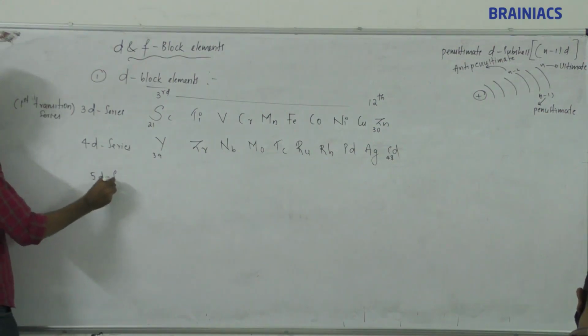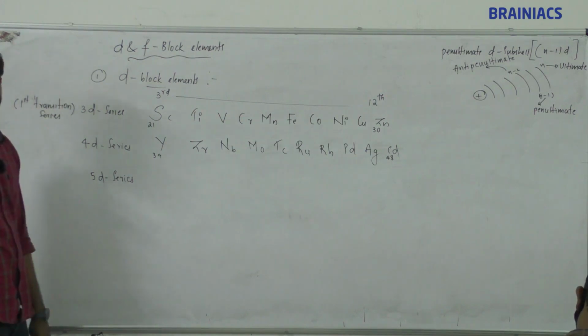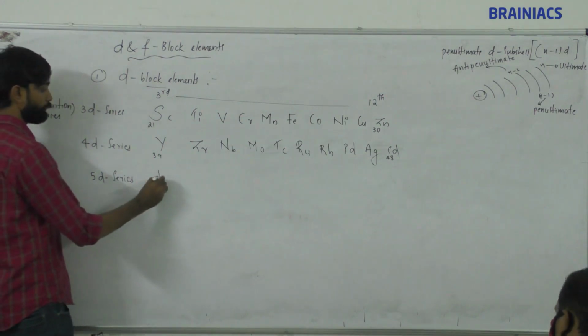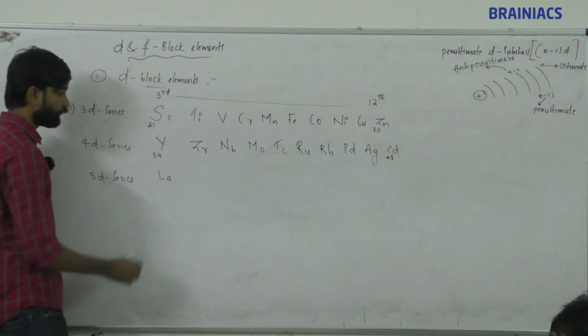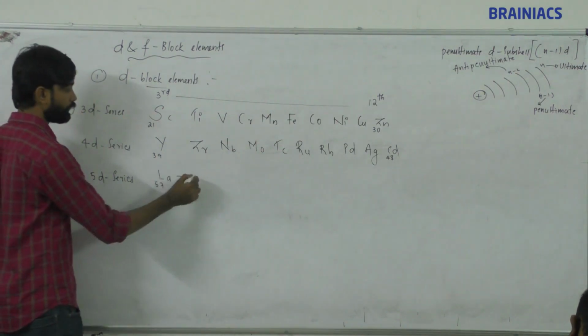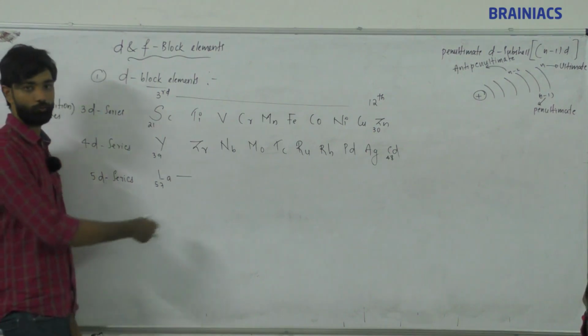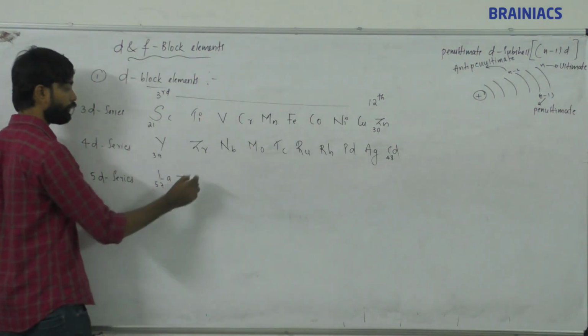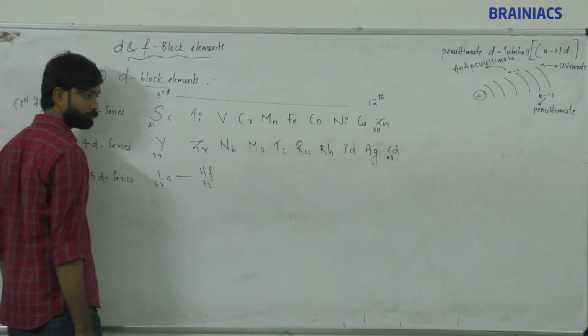The 5D series starts from lanthanum, atomic number 57. Then come the lanthanoids, 14 elements from cerium to lutetium, followed by hafnium with atomic number 72.